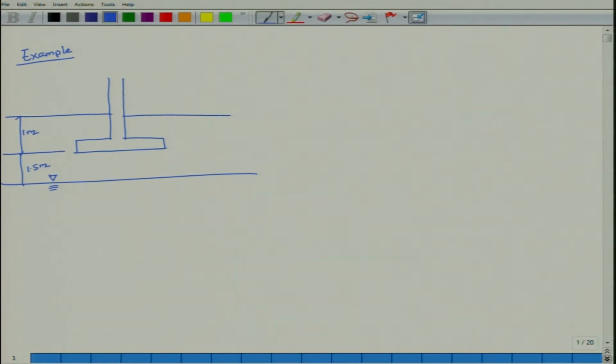Then pressure intensity on the footing is 150 kilonewton per meter square. Then sand gamma is equal to 16.5 kilonewton per meter cube, and here it is 0.5.